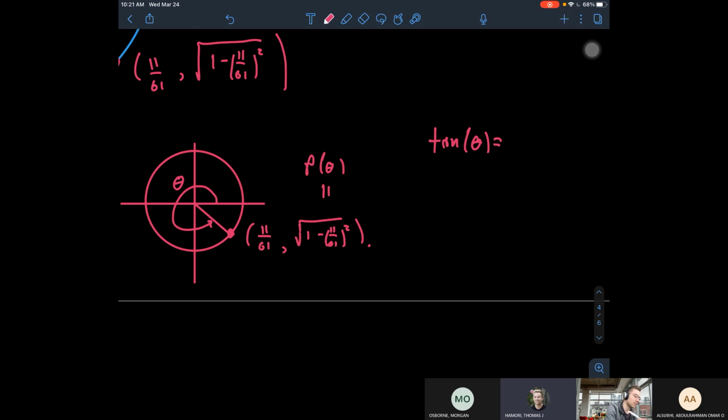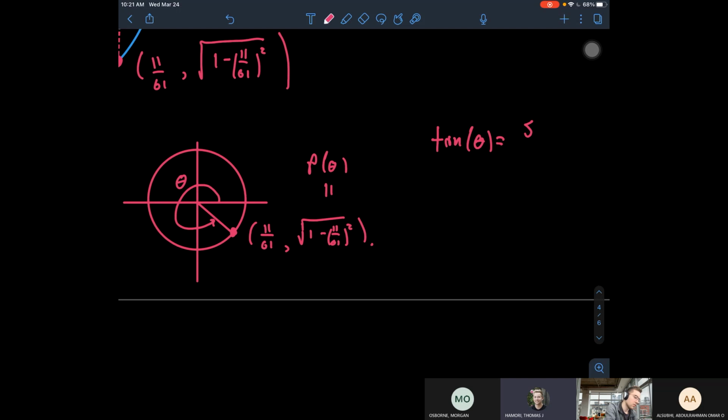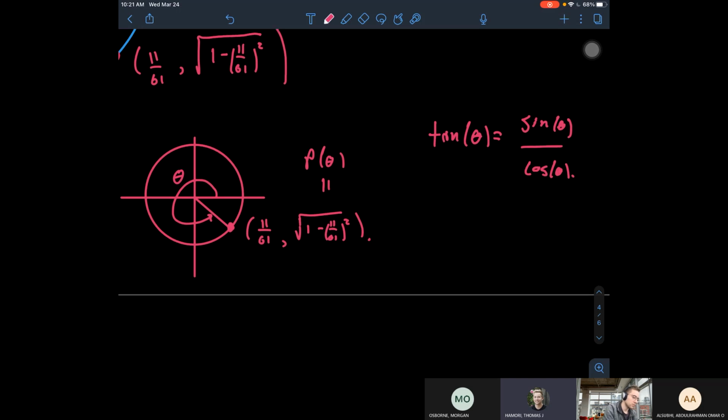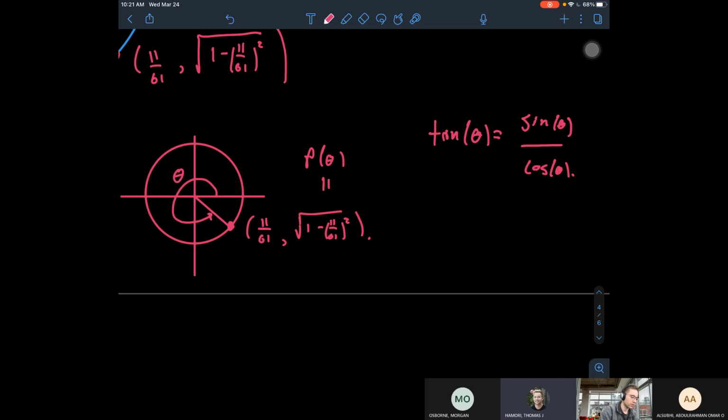That's just the sine over cosine. Okay, and what's the definition? So therefore, it would be 11 over 61 over the square root of 1 minus 11 over 61 squared. Close? The sine of theta corresponds to which value, the x or the y value? Just kidding. It's the opposite way. Yeah, the sine is the y value, and the cosine is the x value.